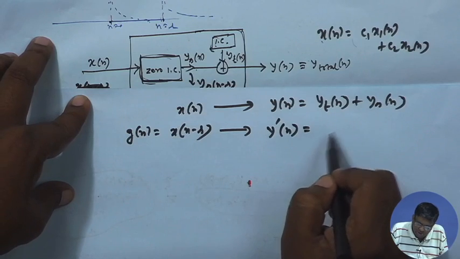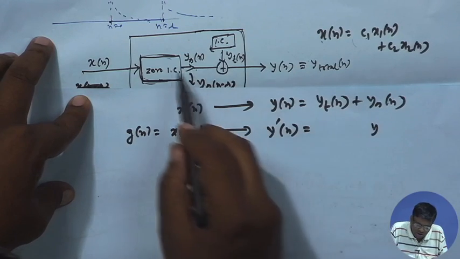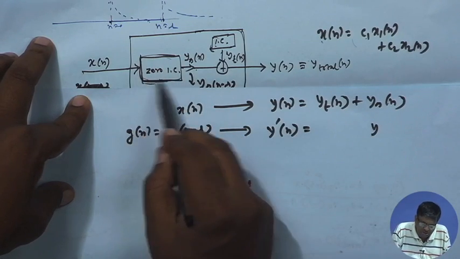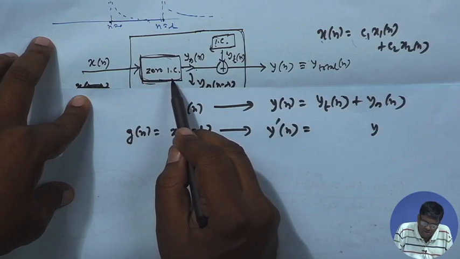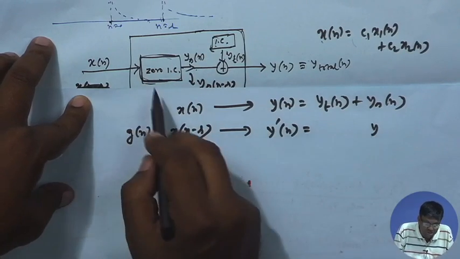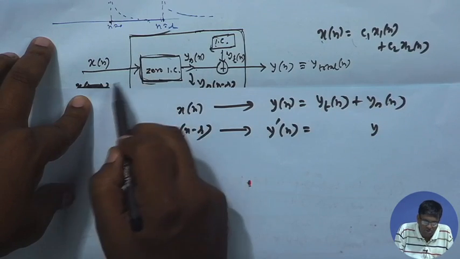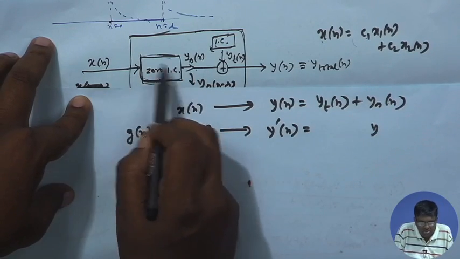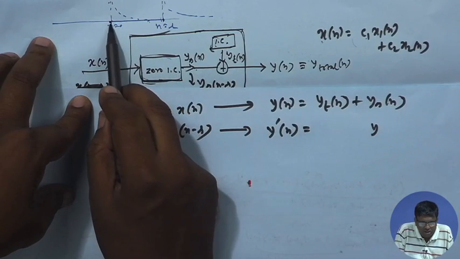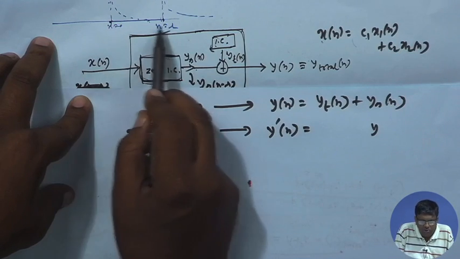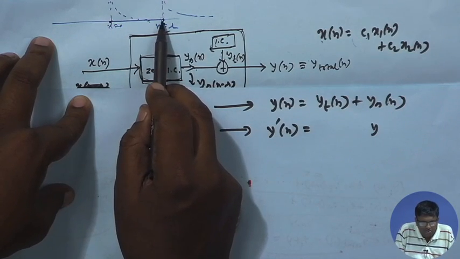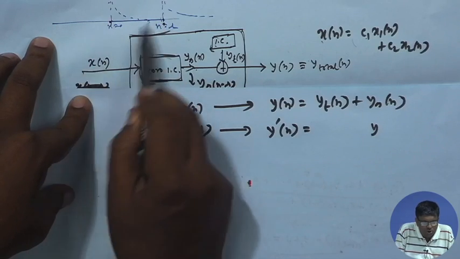that will be what? This part will be the output of this subsystem. This subsystem is shift invariant. So, we have already seen it is shift invariant here in this example, because initial conditions were 0. I am extending the thing. If I delay the input, start giving the input at n equal to r instead of at n equal to 0, till that point of time no output will be generated.